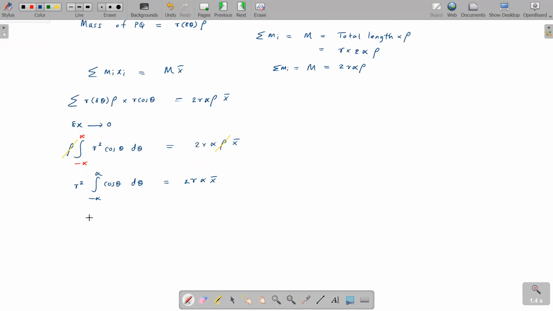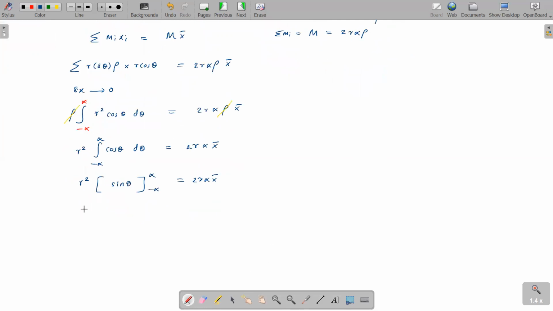So we'll apply now. The integration of cos theta is sine theta, right guys? Minus alpha to plus alpha, 2r alpha x bar. All right, so let's apply. So it's going to be sine alpha minus sine minus alpha, right?